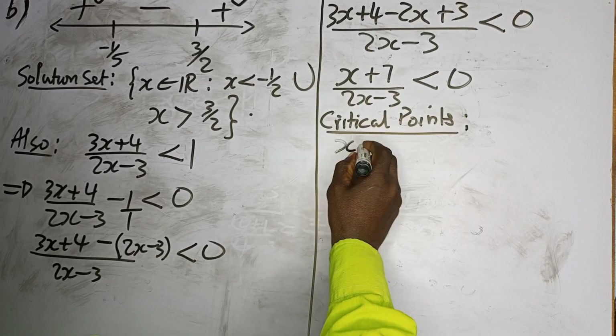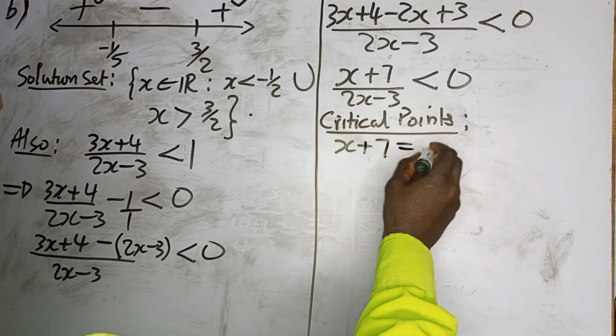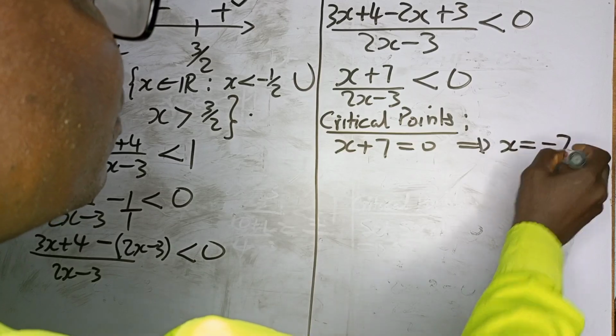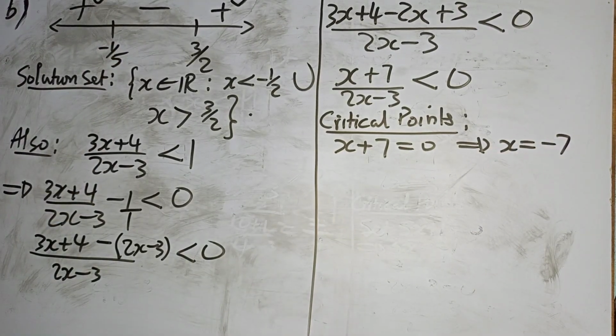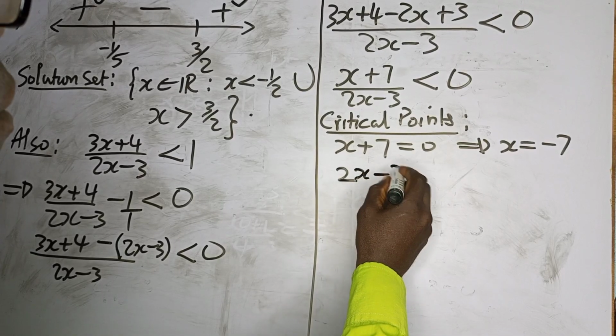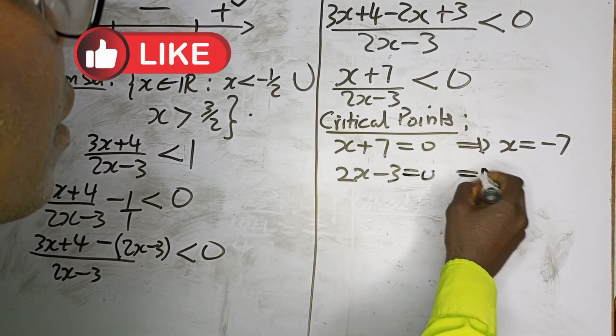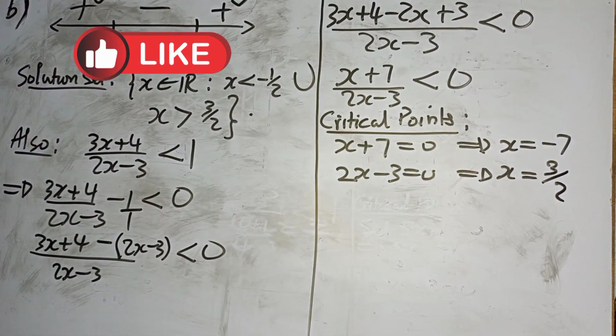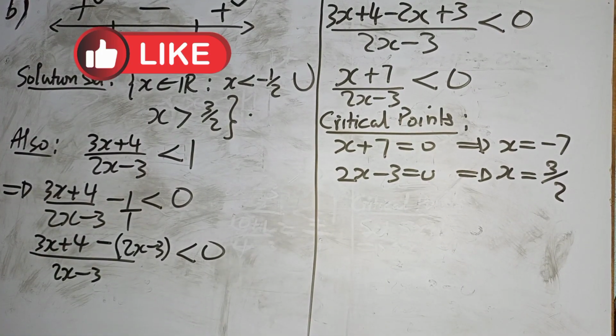The critical point that will render the numerator 0 is just x equals negative 7. The critical point that will render the denominator 0 is simply x equals 3 over 2. So we have critical points negative 7 and 3 over 2.